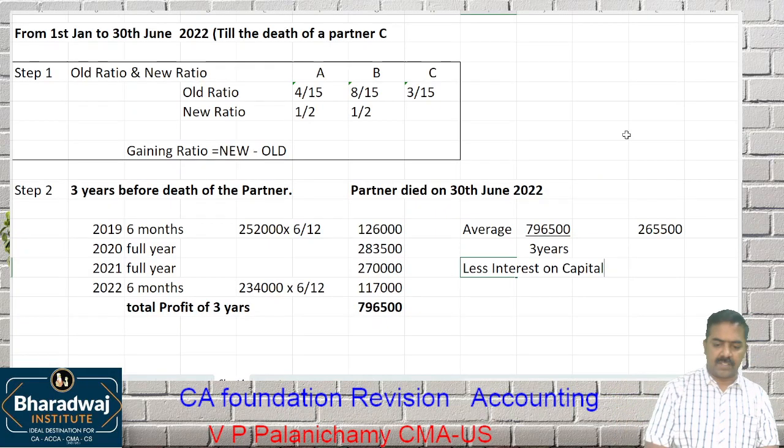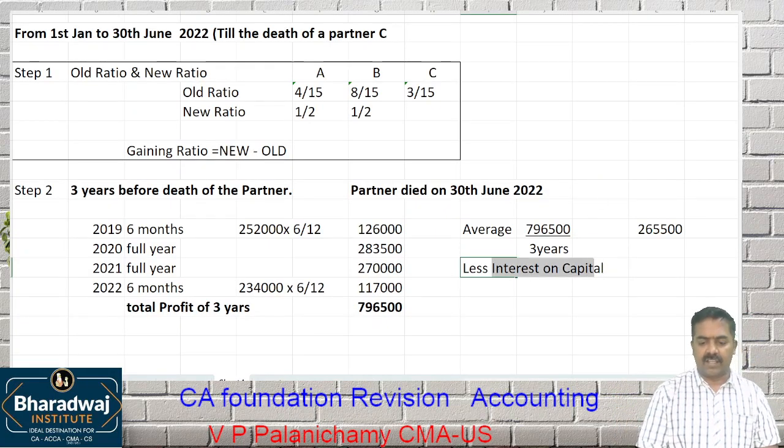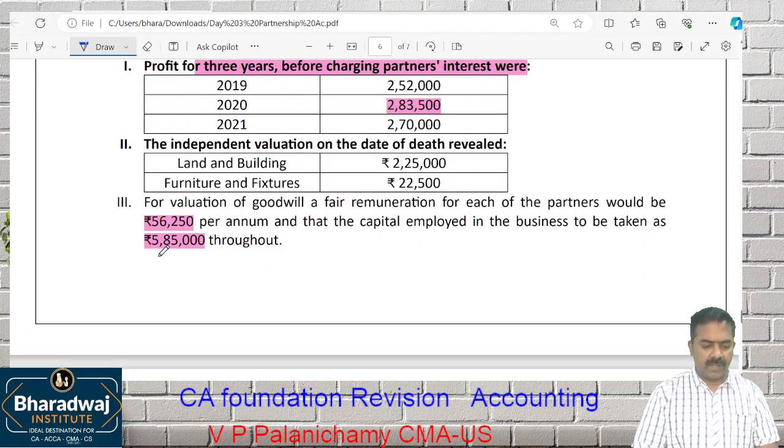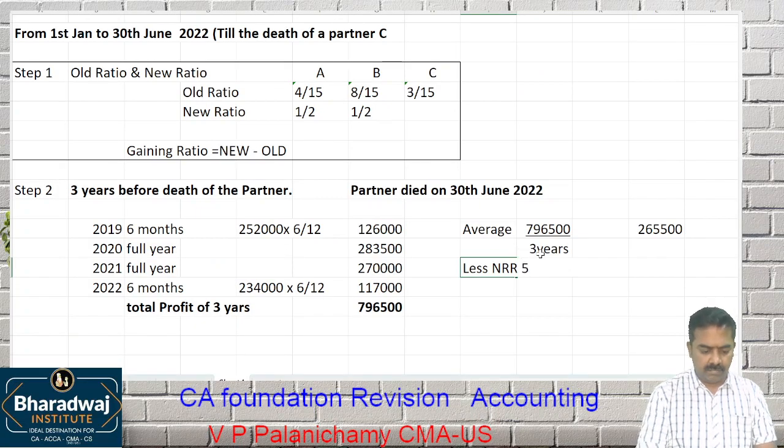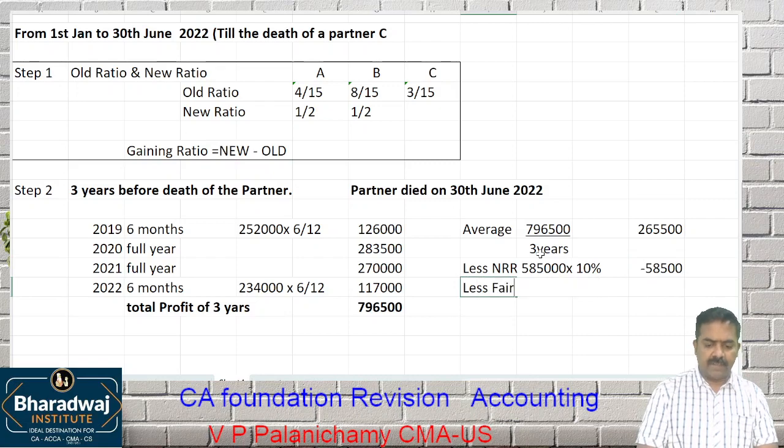It is like the normal rate of return, 10% on capital employed. 10% of 5,85,000 is how much? 58,500.